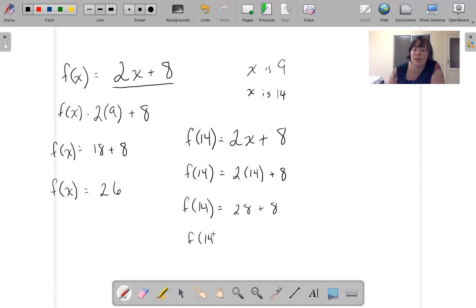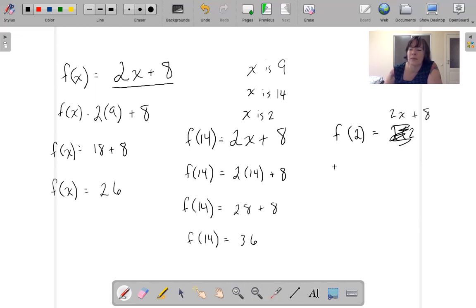F of 14 equals 36. Let's say x is 2. So f of 2, the function of x when x is 2. 2x plus 8.